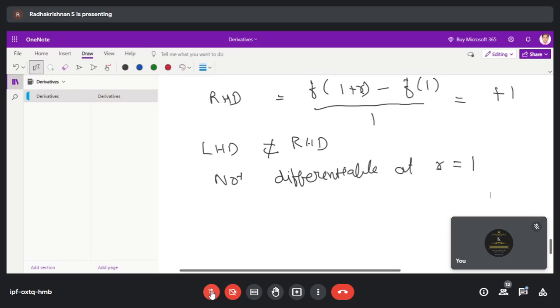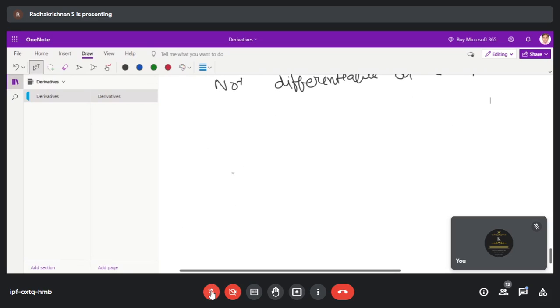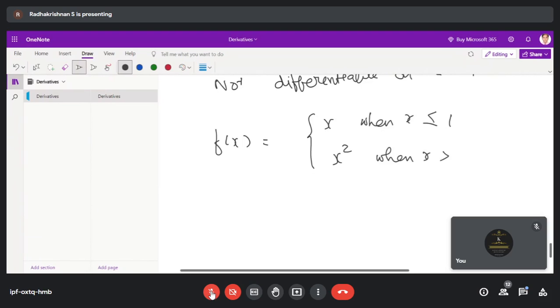So let us take another example for this. f of x equal to x when x is less than or equal to 1 and f of x equal to x square when x is greater than 1.